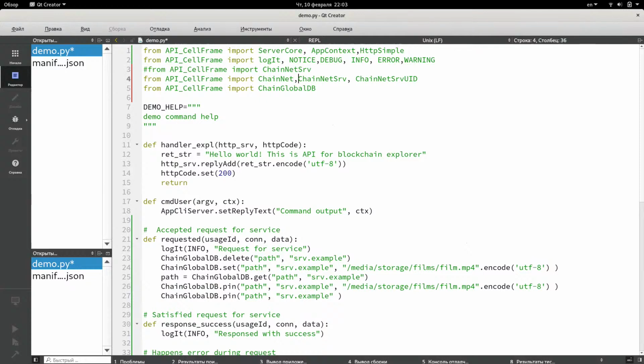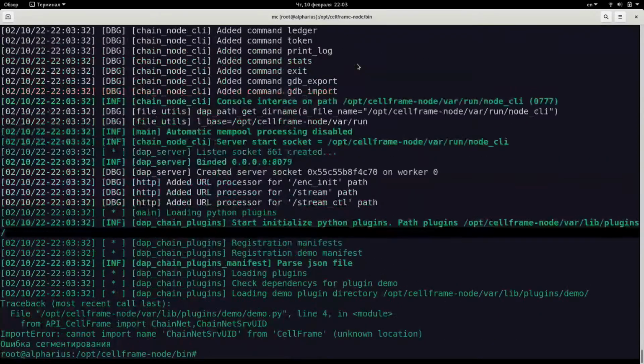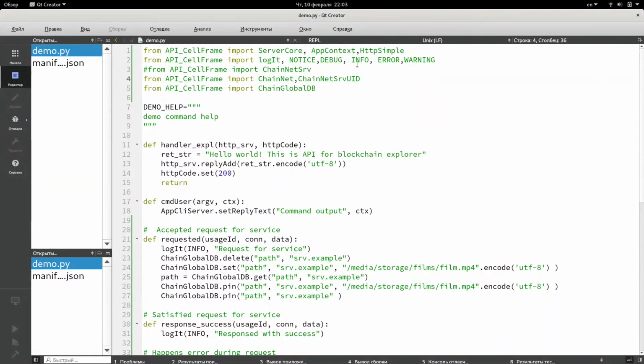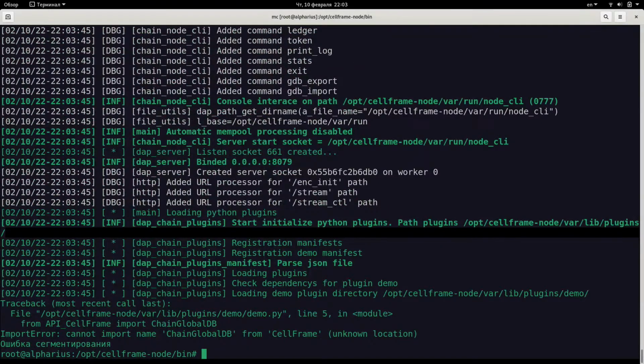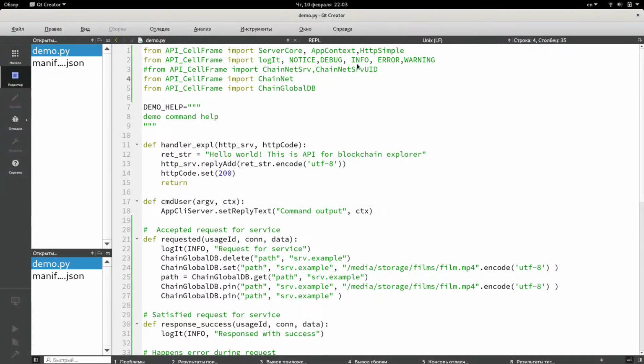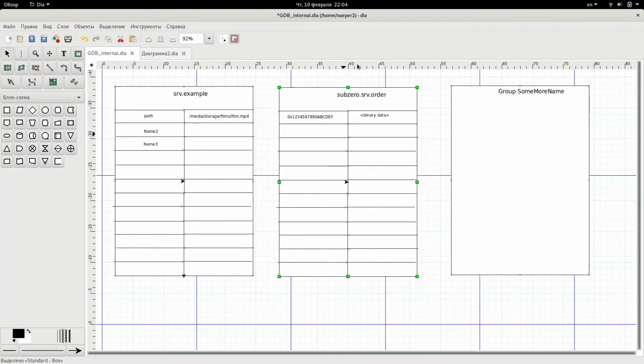Okay. Let's comment it here. I don't know why it's not imported. Should be present, but it's not. And service is also not present. Great. And now GDB. One moment, guys. We'll return to this in a few minutes.